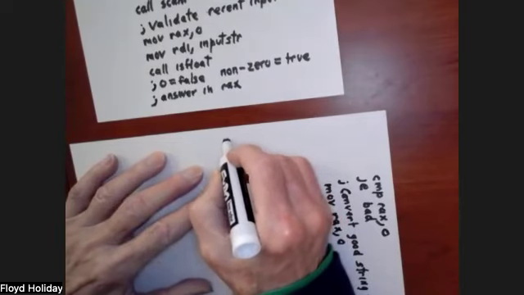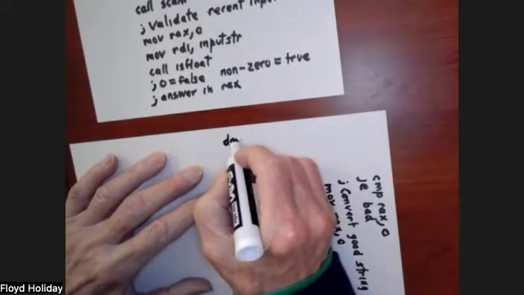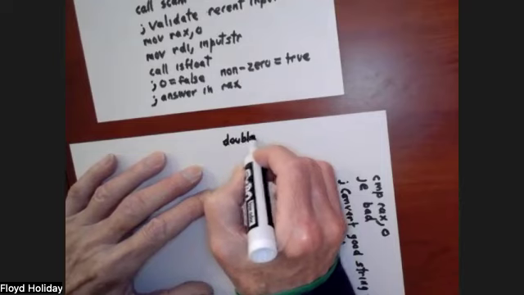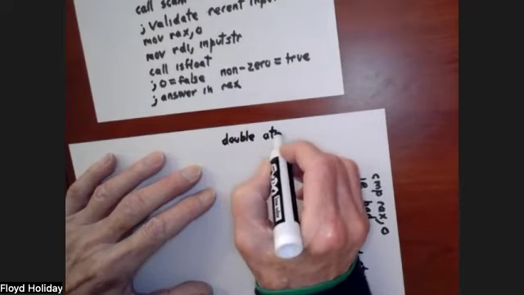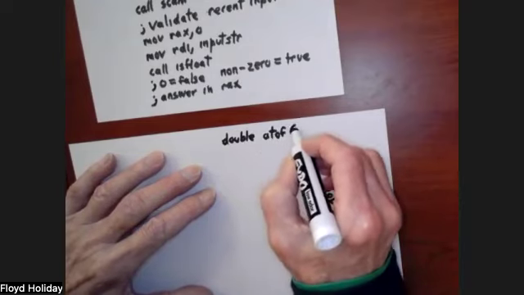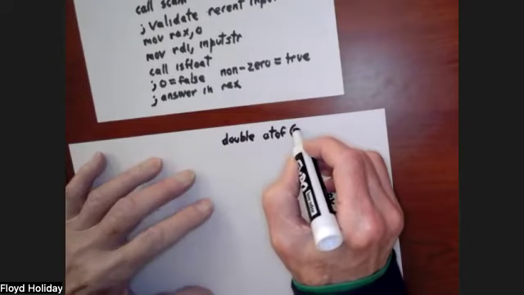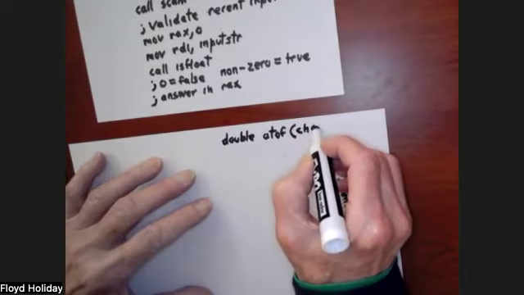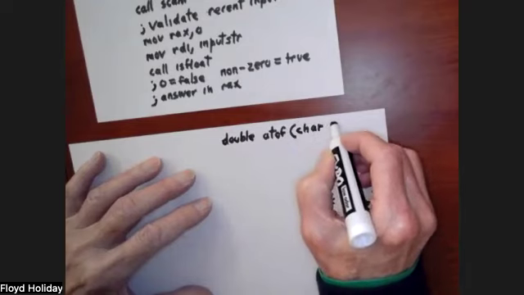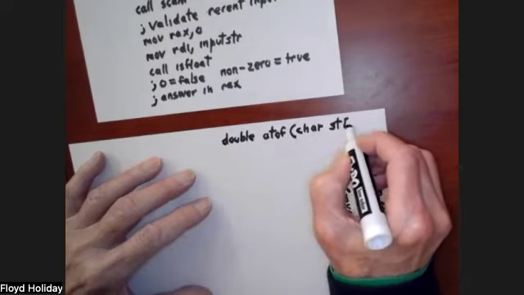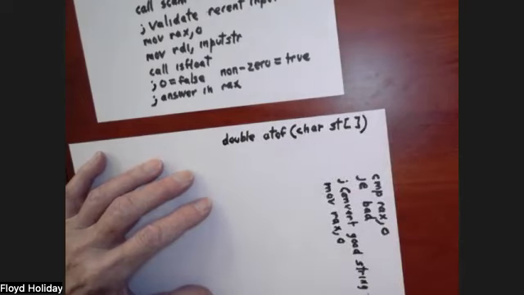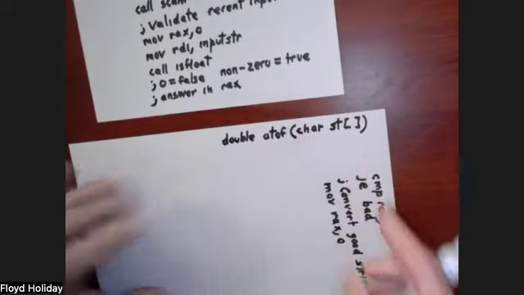ATOF has a prototype, double ATOF, and it accepts null terminated strings, char star for string. So it has one input parameter, RDI.